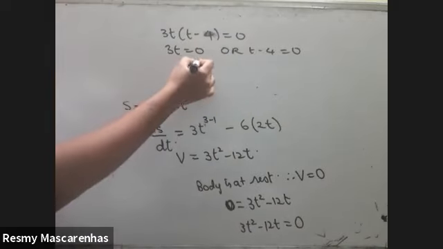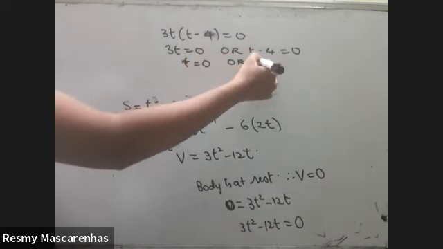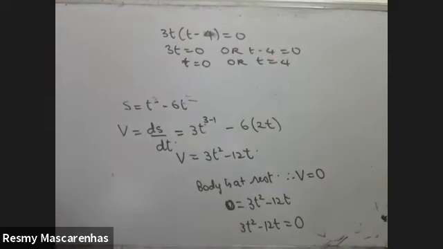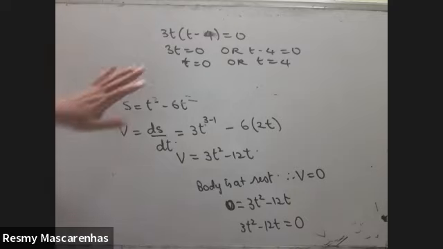So t is 0 or t equals to 4. So you have two options. So the body was at rest at two times, at t equals to 0 and t equals to 4. So this is the time which we got.